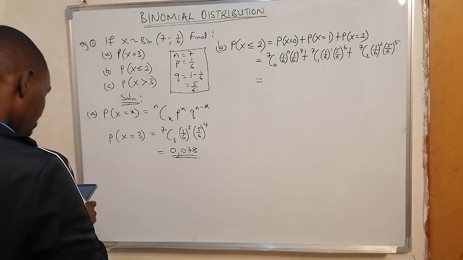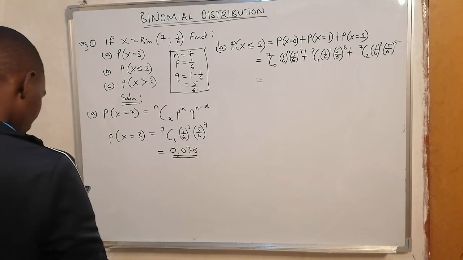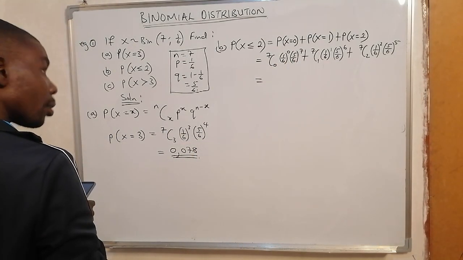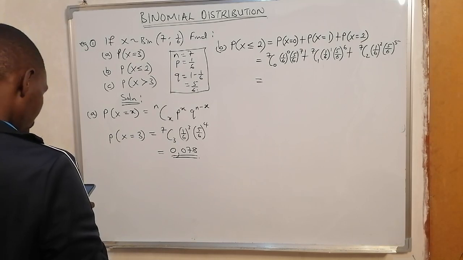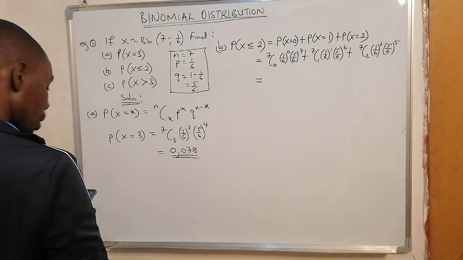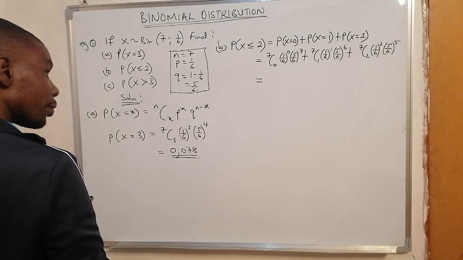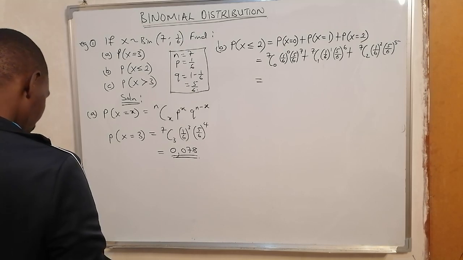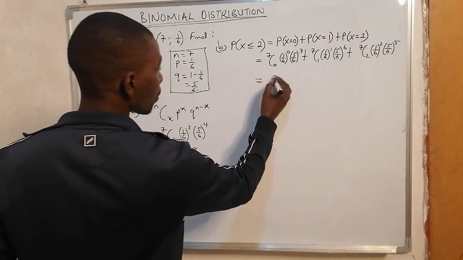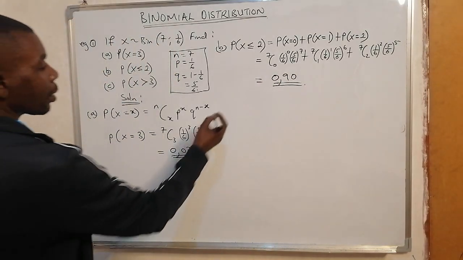So if we punch 7 choose 0, remember this is 1, so we can punch 5 over 6 to the power 7 plus 7 choose 1, 1 over 6 to the power 1, 5 over 6 to the power 6, plus 7 choose 2 times 1 over 6 to the power 2 times 5 over 6 to the power 5, equals 0.90 to 2 decimal places.